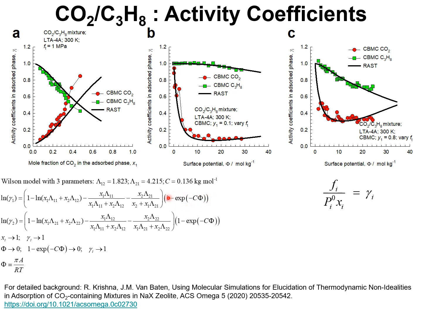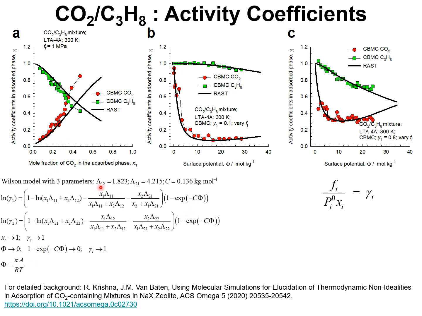And as this quantity approaches 0, ln gamma 1 will approach 0. In other words, gamma 1 should approach unity. Similarly, ln gamma 2 should be proportional to 1 minus exponential minus a constant c times the surface potential phi. So as phi tends to 0, ln gamma 2 tends to 0, and gamma 2 tends to unity.